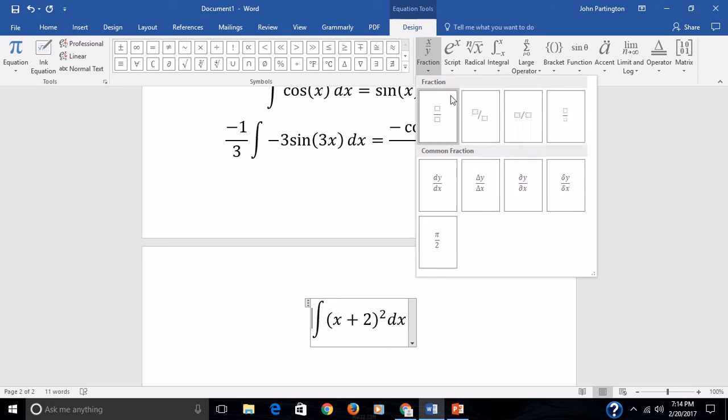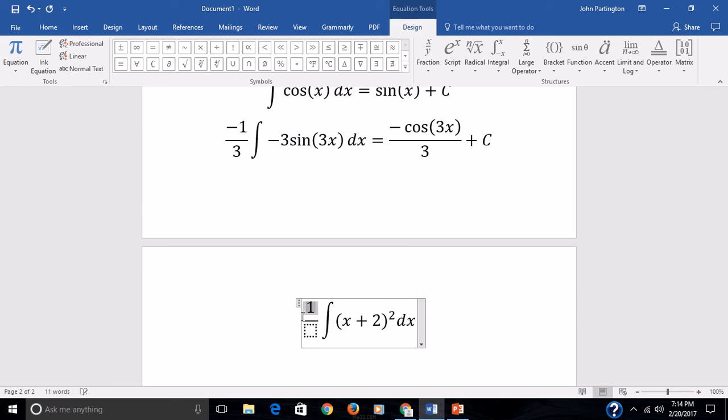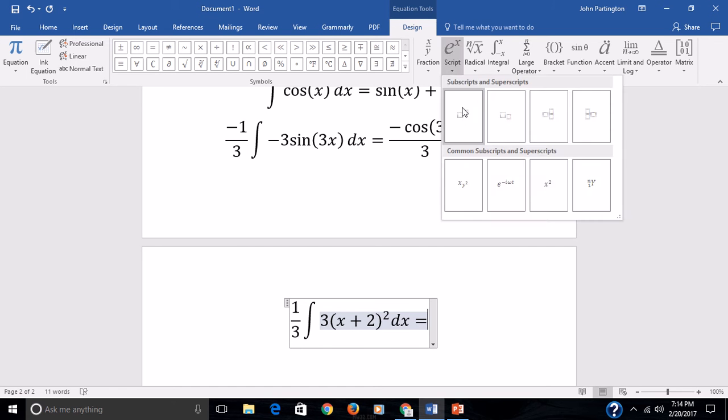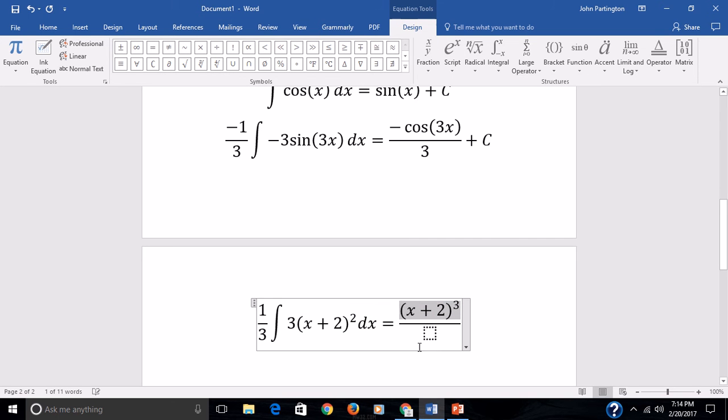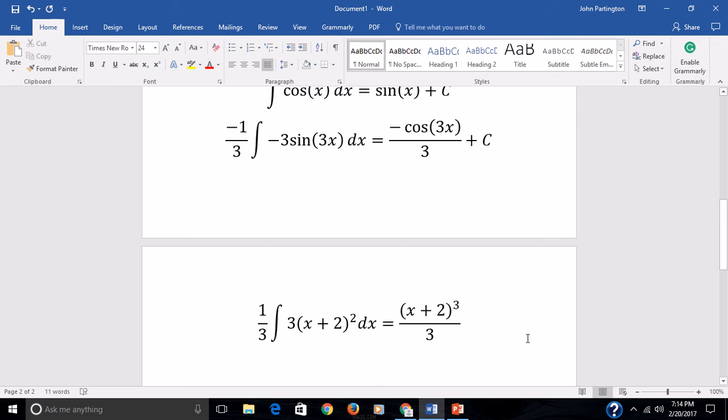So what we need to do is multiply this by 1 over 3, make this 3, then we can say this equals x plus 2 cubed, and then we'll multiply by that outside, and that is over 3. All right, so this is going to be the basic reverse chain rule.